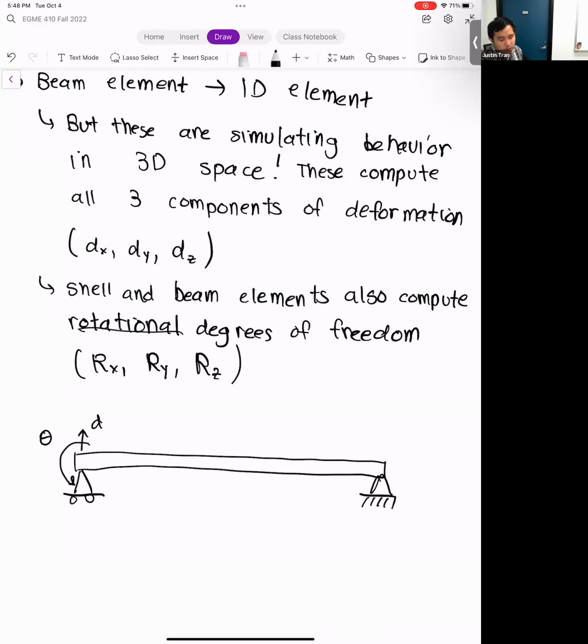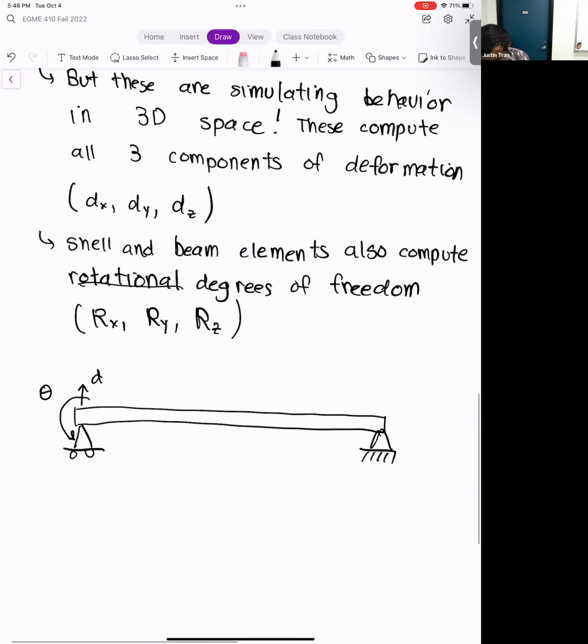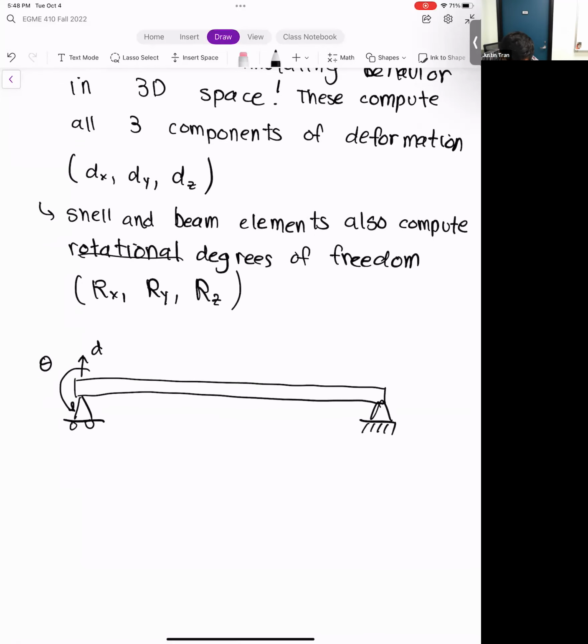That's what I mean by the rotational degrees of freedom. When we use shell and beam elements, we're able to compute how much that element is rotating, or how much its orientation is changing, in addition to how much it's deforming. In total, compared to the solid elements, the shell and beam elements compute twice as many degrees of freedom.